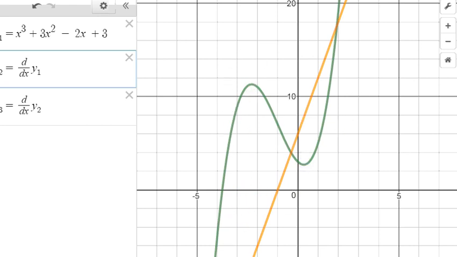See if I can do it justice. What's happening around this maximum turning point is that the gradient is changing, obviously. We know the gradient value here is 0. Just to the right of it, there's a negative gradient, say -1, and then it gets steeper, so that would be -2, and then still steeper, -3 somewhere.